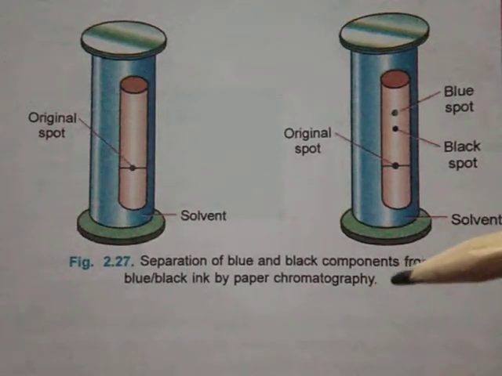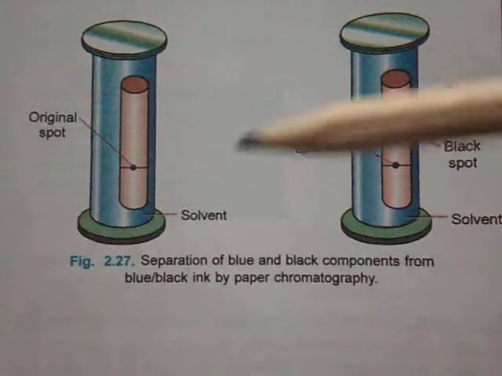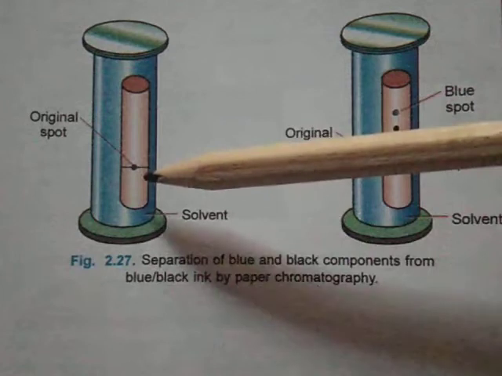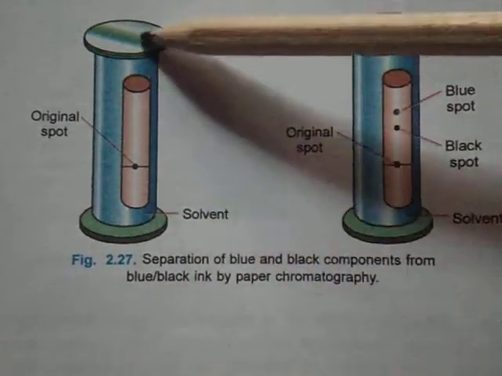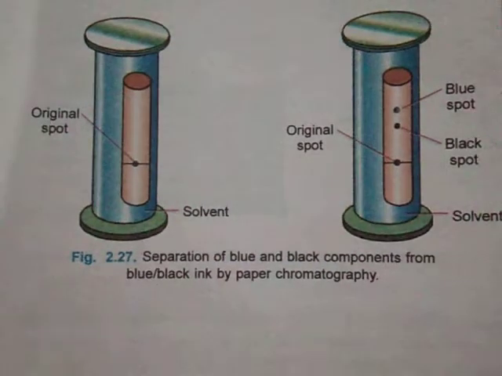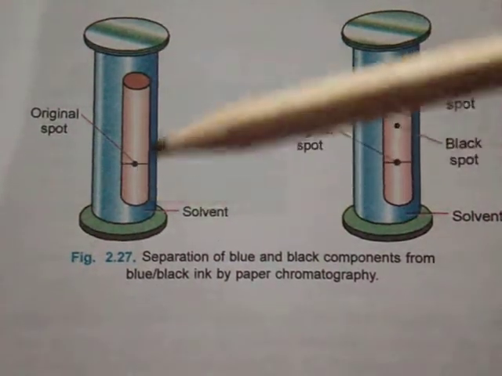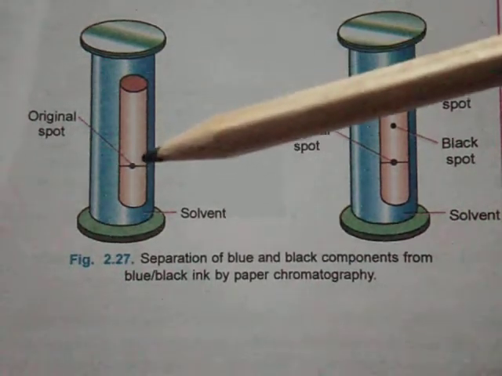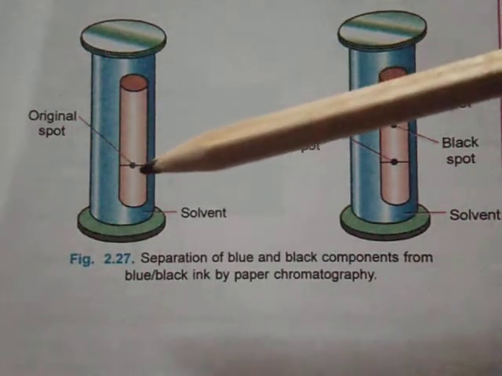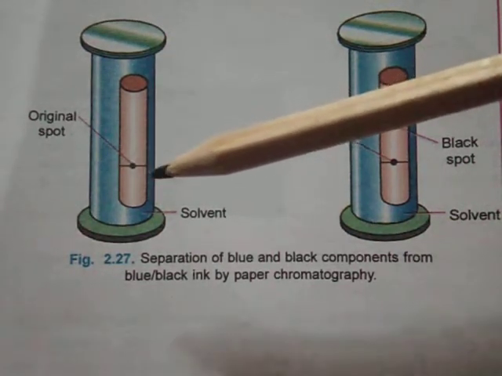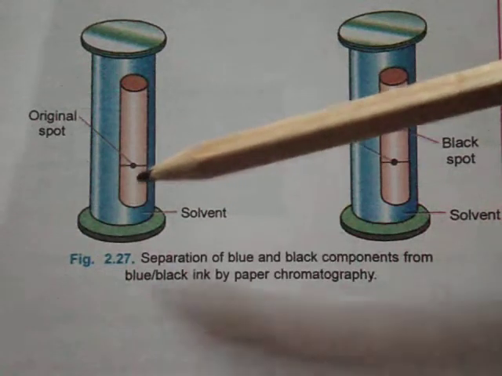This is paper chromatography. Here the filter paper is taken, this one, and this is the jar. Take a strip of filter paper and draw a fine line, this line, on the paper from one end at a distance of 3 cm.